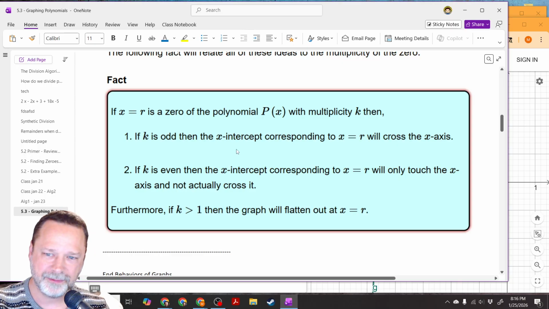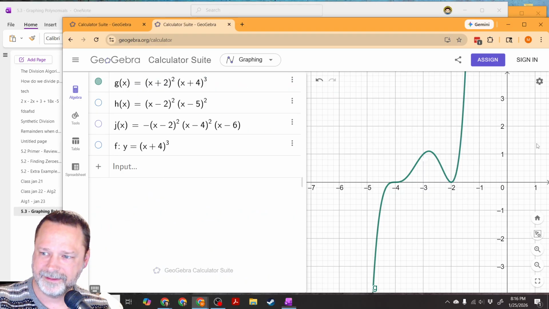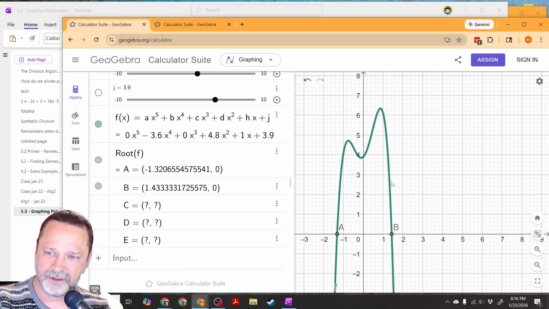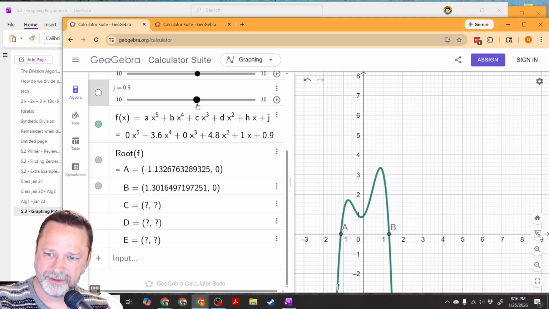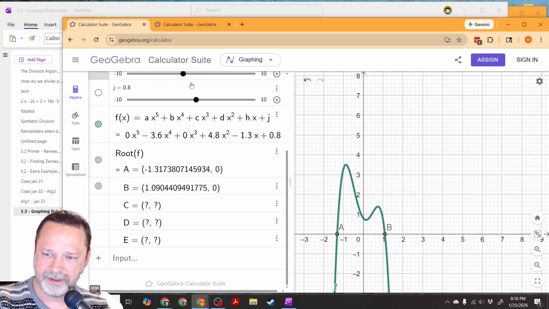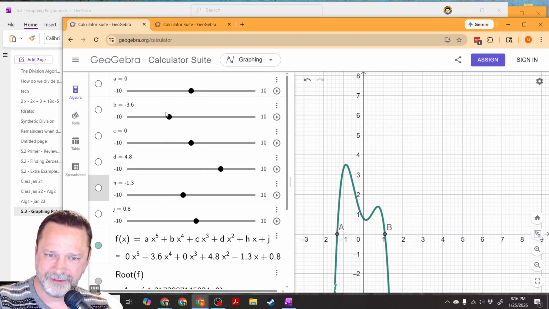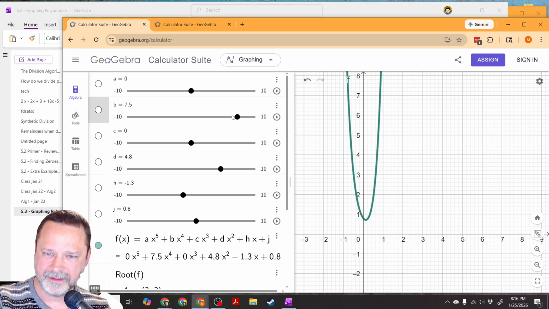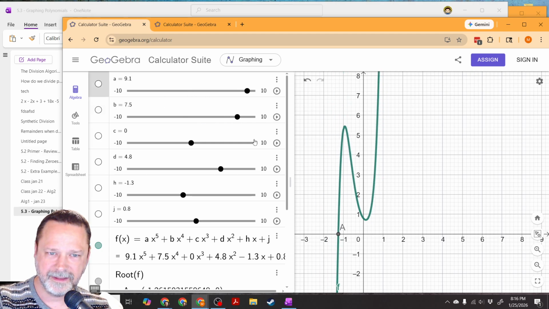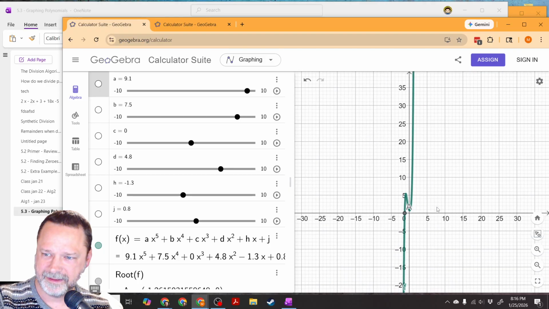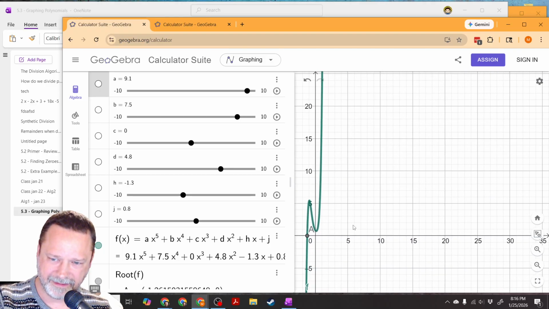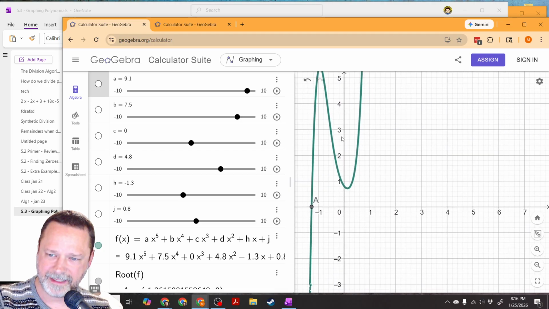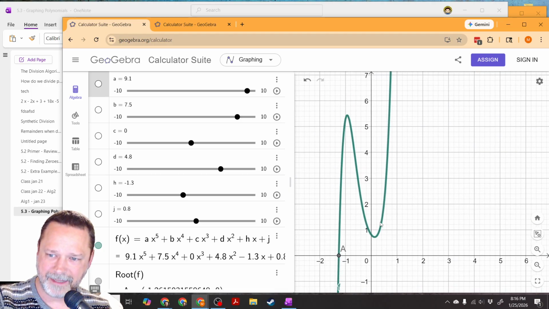So a few things we'd want to remember here. And that is really the shape of these polynomials is always smooth, no jaggedy edges, no gaps, no holes, none of that weird stuff.